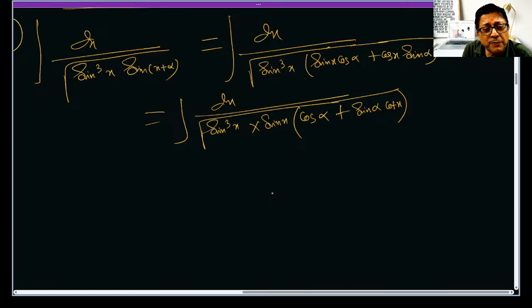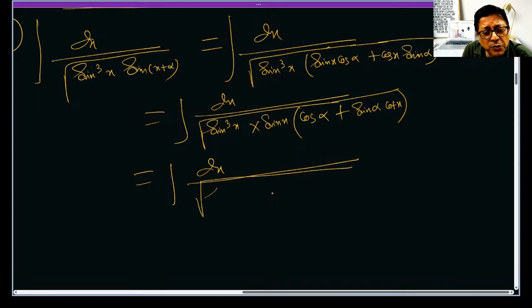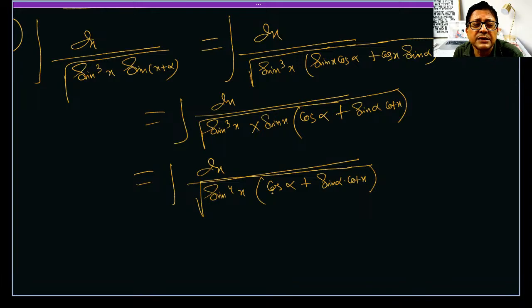If you take sin to the power 4 common here, there it will be under root sin to the power 4x into cos alpha plus sin alpha into cot x.